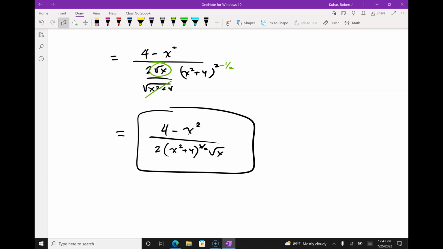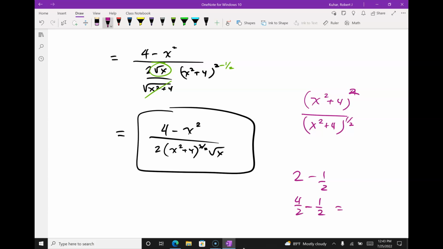Yeah, so because this guy, this is really me having x squared plus 4. Yeah, 2 minus a half, right? Because I have this, right? And so 2 minus a half is 4 halves minus 1 half, so it's 3 halves.